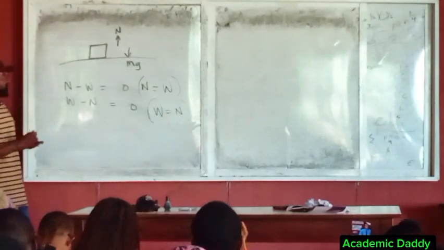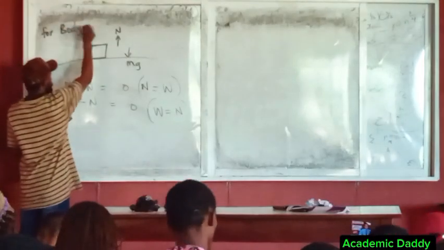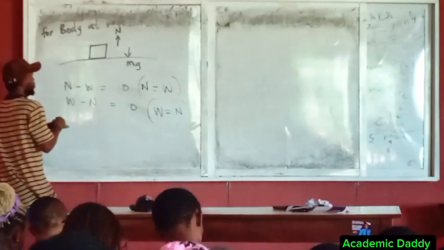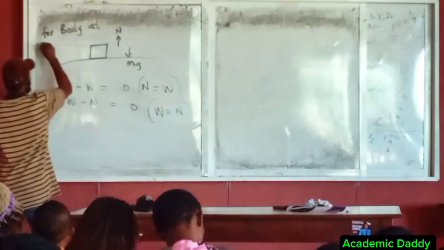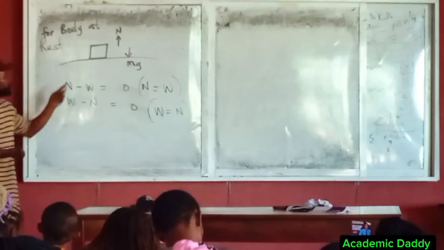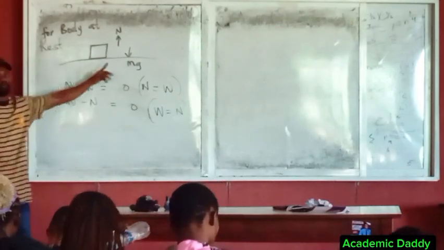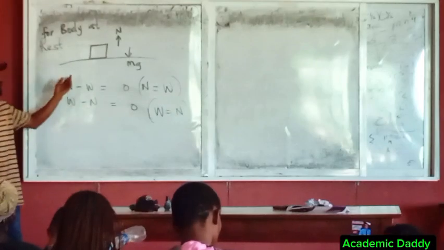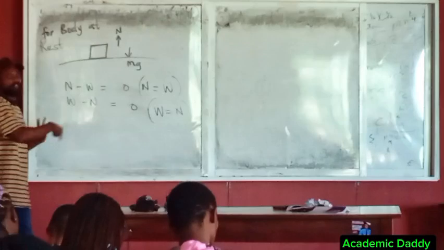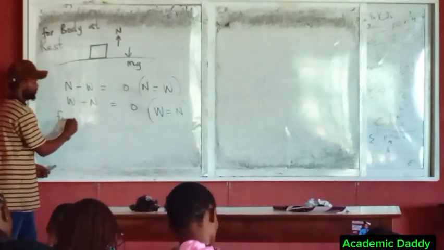So for a body at rest, whichever way you want to put it, forward force minus backward force will be equal to 0, which means forward force will be equal to backward force.